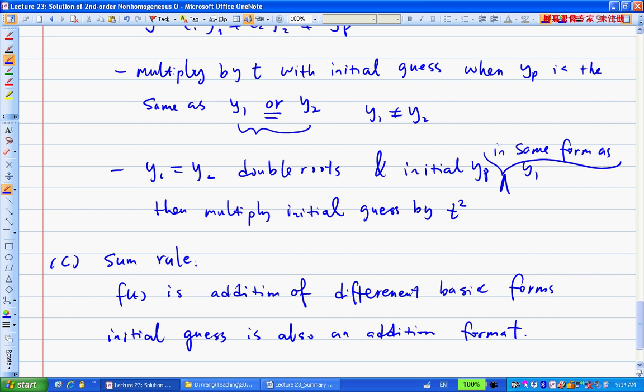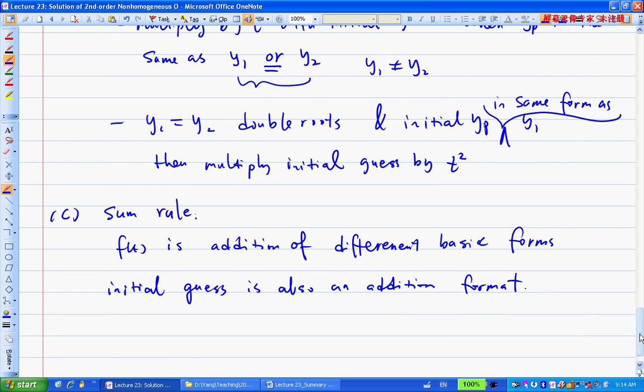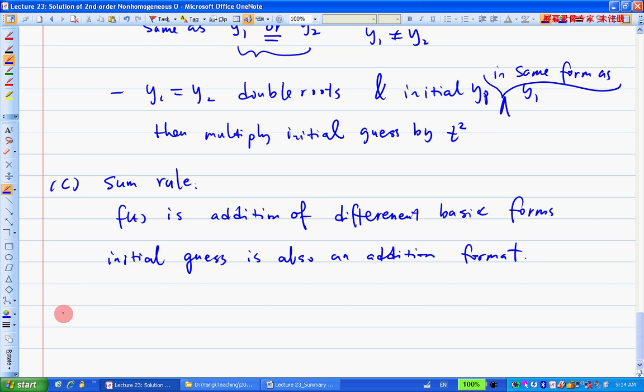I guess just talking here doesn't make much sense. We're not going to solve anything, but let's look at a couple of differential equations. For example, let me talk about the summation rule here.